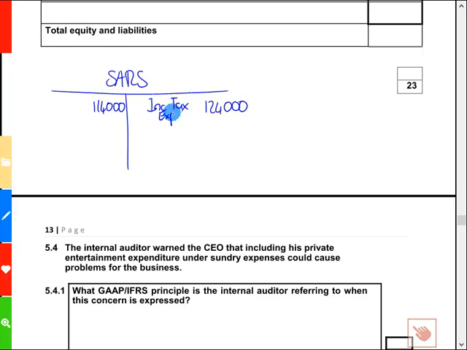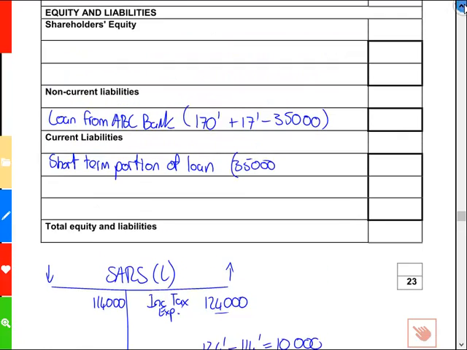So what is this account now, an asset or a liability? A liability. Why? Because my credits are more than my debits, so we owe more than we have paid. Exactly. So this is going to be a liability of how much? If you calculate this balance, it's 124 minus 114, a liability of 10,000 Rand. Since this is a liability, where should we disclose it? In our balance sheet.